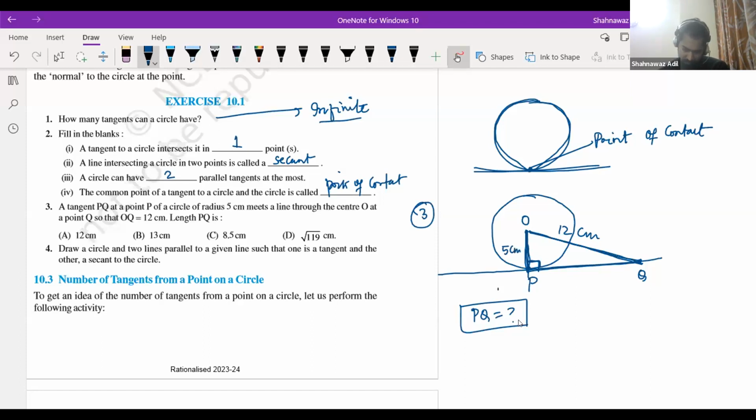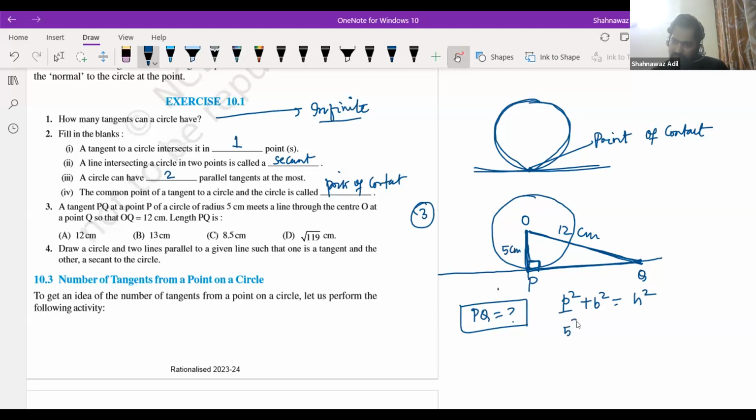We got root 169, which is 13. Are you getting 169? So what is the Pythagoras theorem? It says that perpendicular square plus base square is hypotenuse square.